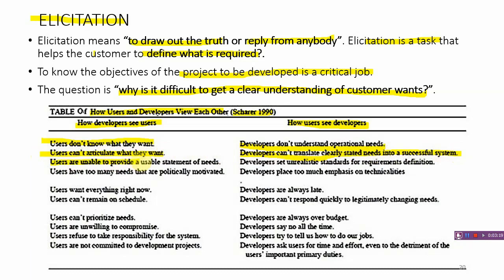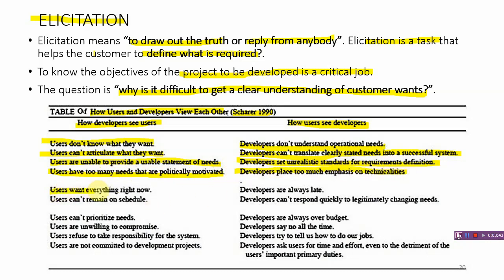Users think that developers set unrealistic standards for requirements definition. Developer thinks that users have too many needs that are politically motivated, whereas the user thinks developers place too much emphasis on technicalities.